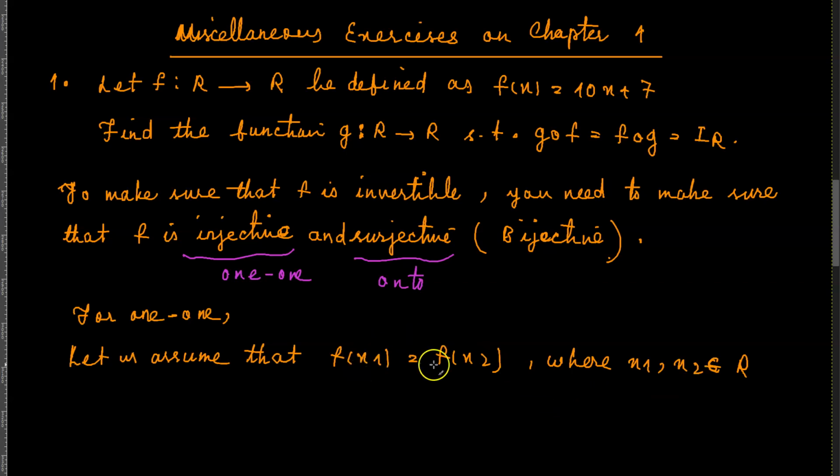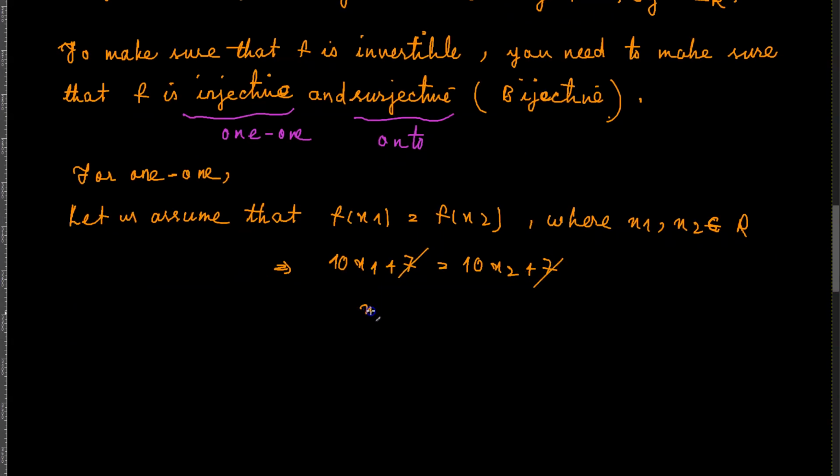Now, if f of x1 is equal to f of x2, since f of x is equal to 10x plus 7, f of x1 becomes 10x1 plus 7, and f of x2 is equal to 10x2 plus 7. If you simplify this a little bit, you get x1 is equal to x2. So we have assumed that f of x1 is equal to f of x2, and that implies that x1 is equal to x2, which means that f is 1 1.